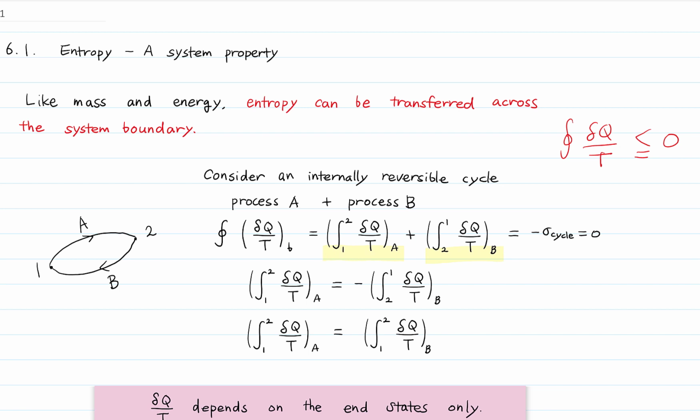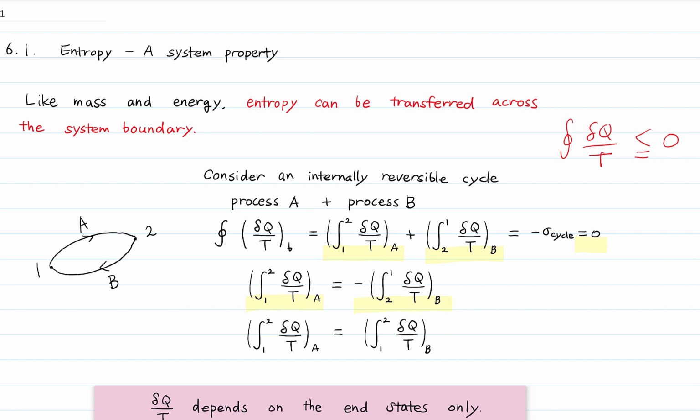The cyclic integral of delta Q over T equals 0, and this is because it consists of reversible processes. This is the Clausius inequality. So integral from 1 to 2 equals negative integral from 2 to 1. Integral from 1 to 2 through process A equals integral from 1 to 2 through process B.